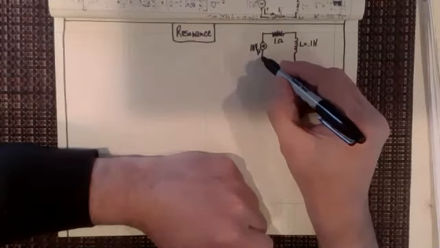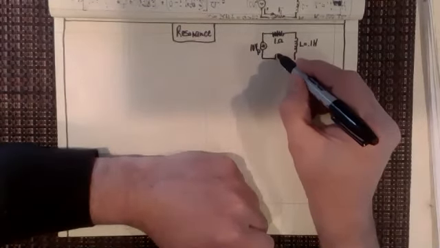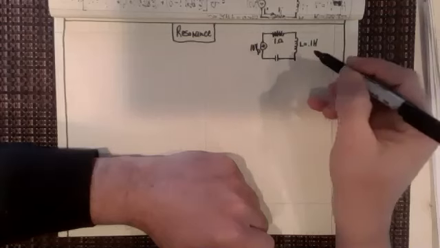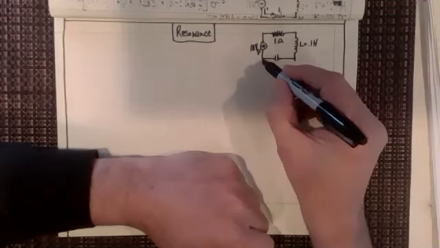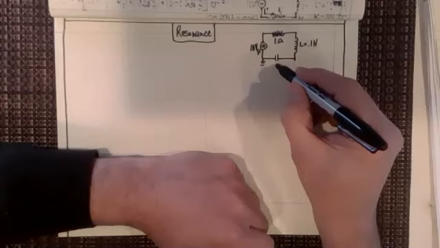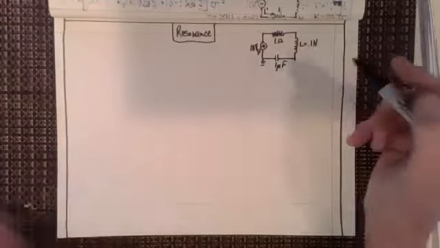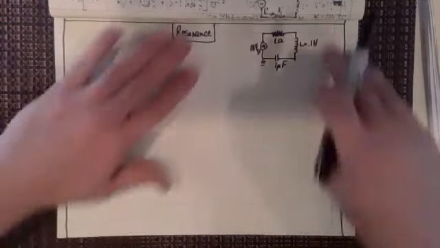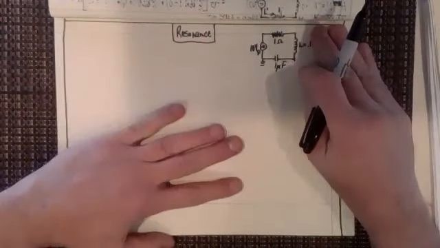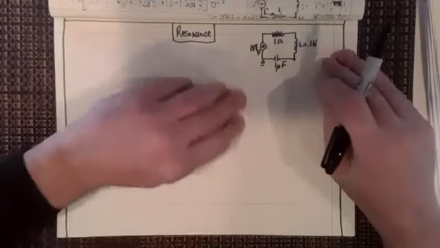So we also have a capacitor, and this capacitor is going to have a 1 microfarad capacitance, just like we did in the last circuit analysis that we did in lecture 5.